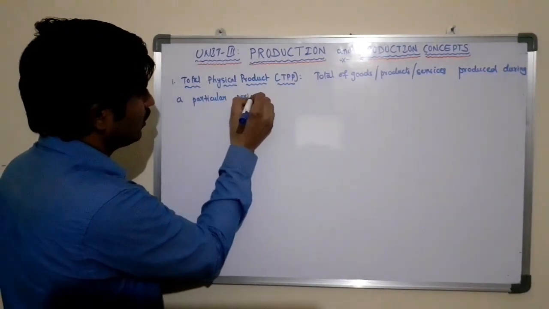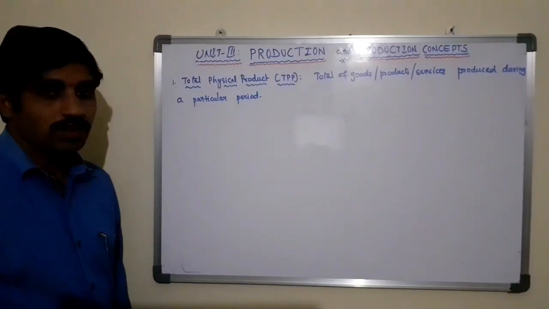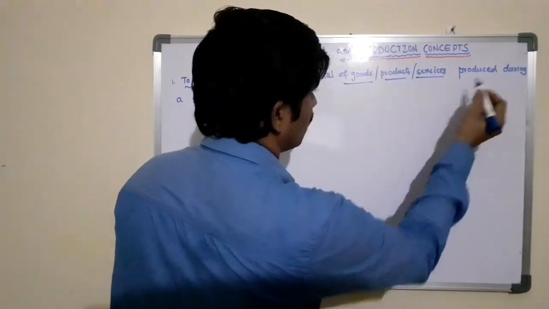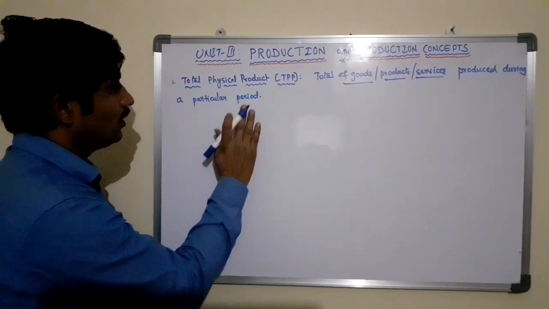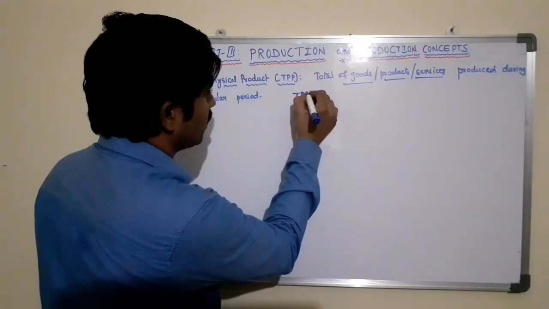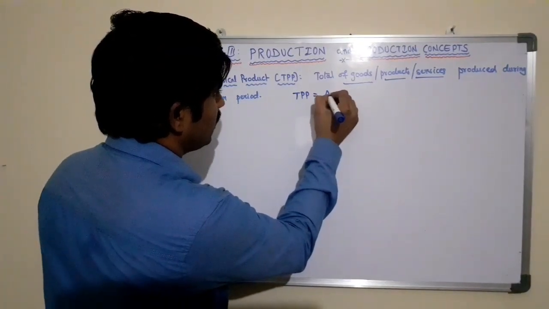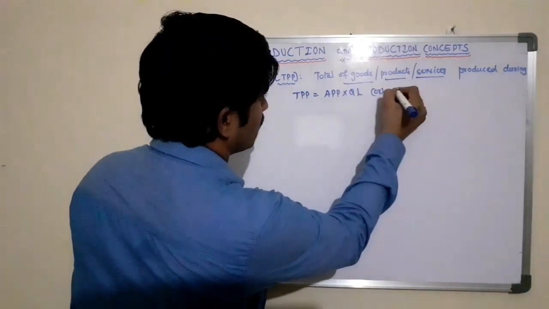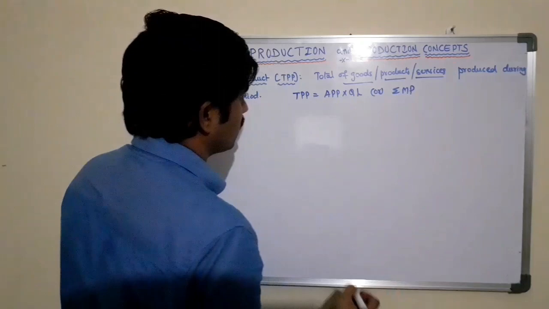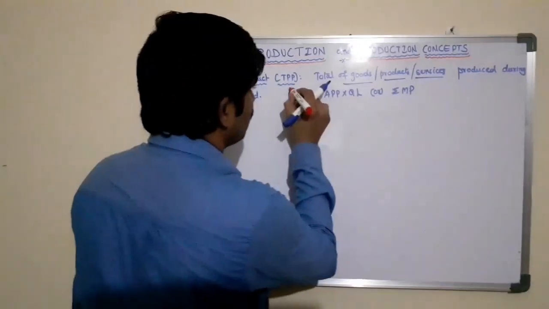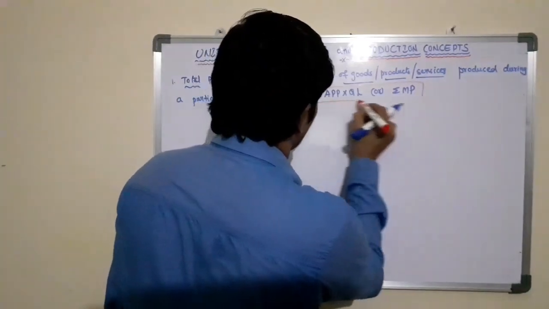So whatever goods, products or services are produced during a particular period is known as total physical product. It is denoted by total physical product equals average physical product into quantity of labor, or summation of marginal production, which is also one of the equations used to denote the total physical product.